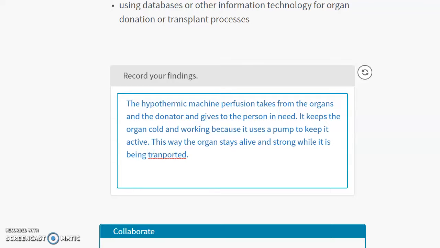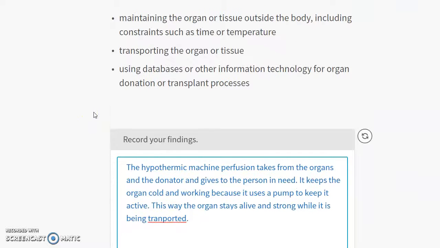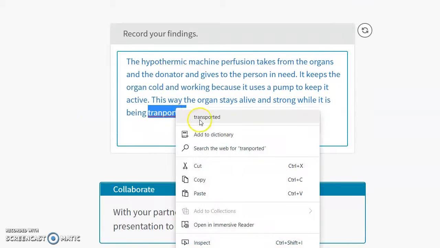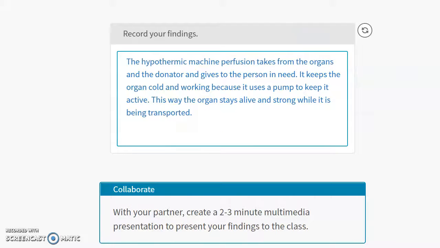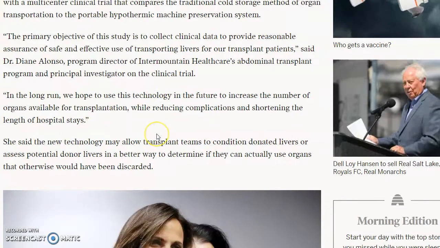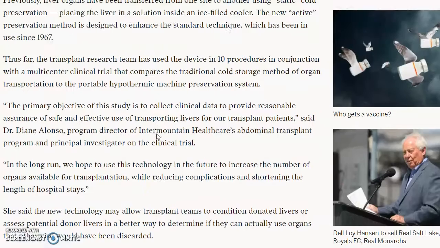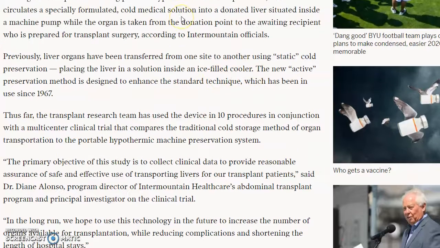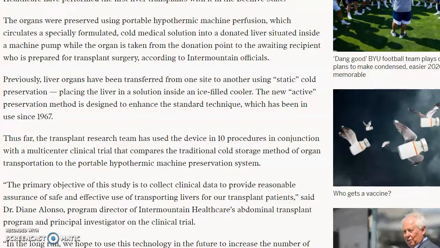Okay, so we talked about how it's transported and what the process looks like and how they maintain it, because they keep it cool. Yeah, it's really interesting. It's better than even an ice fill cooler, because they kind of created their own ice fill with a pump.